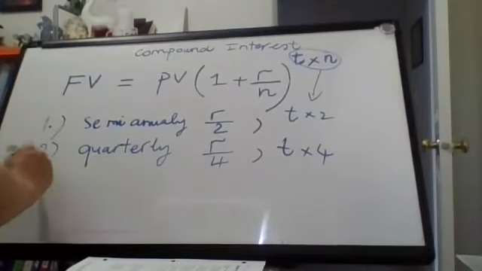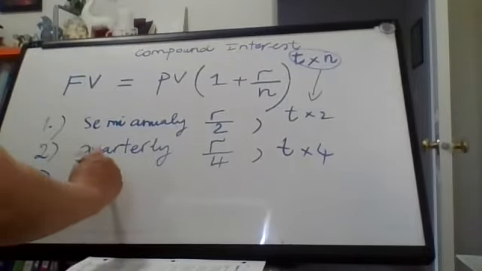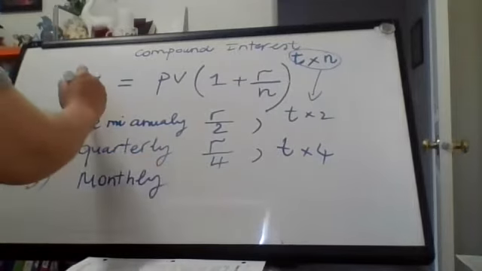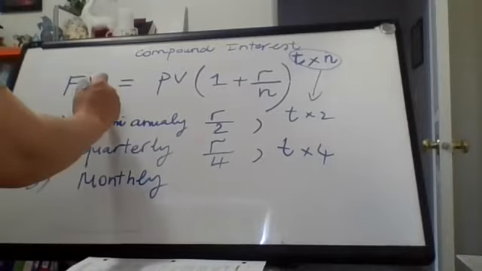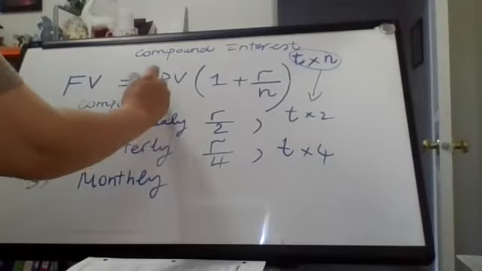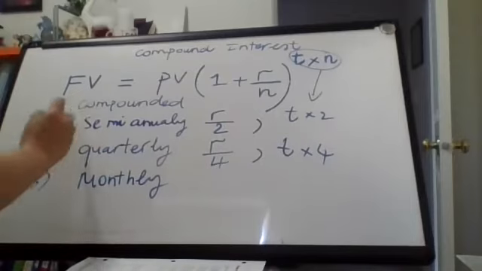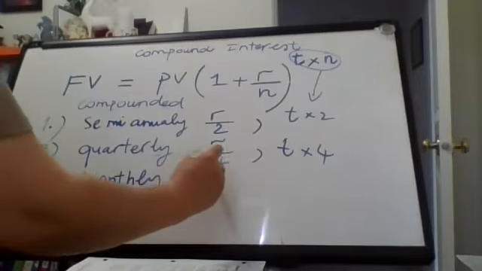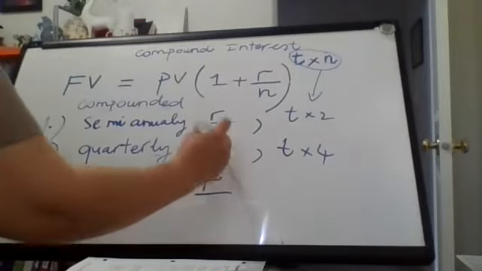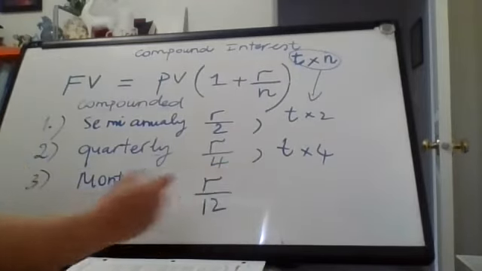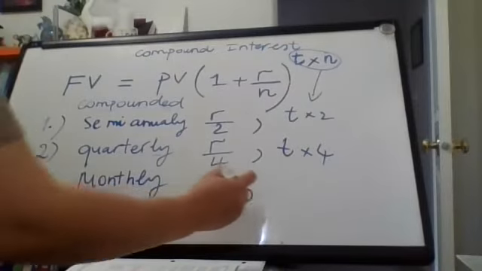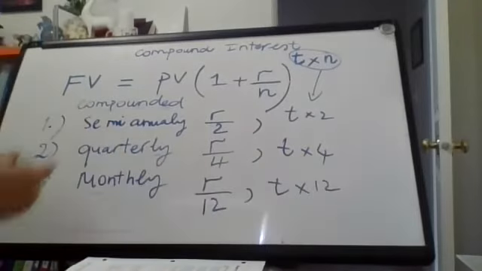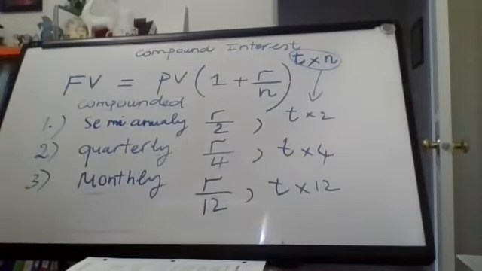Okay. Number 3, we're talking about compounded monthly. So all of these are compounding: compounded semi-annually, compounded quarterly, compounded monthly. If it's compounded monthly, the rate R will be divided by 12, the annual rate divided by 12 months, and the time will be multiplied by 12 to get the total periods, okay?